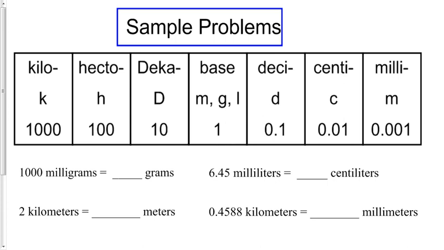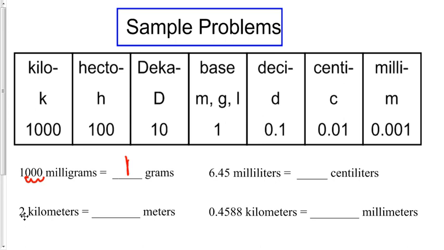So here are some more practice problems. I have 1,000 milligrams. I want to figure out how many grams that is. So milligrams is here, and I'm going to move to the left 3 times. When I take this decimal point and move it to the left 3 times, I get that that's equal to 1 gram.